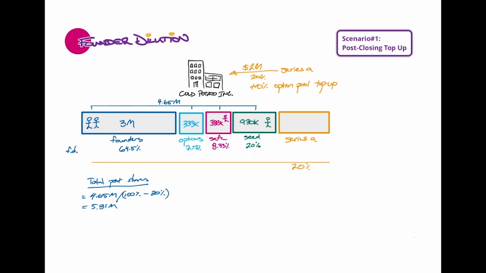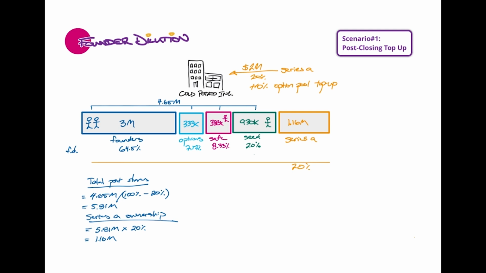From here, we can calculate the number of shares the Series A investors will own after the financing, which we calculate by multiplying the 5.81 million shares by 20%, which gives us approximately 1.16 million shares.